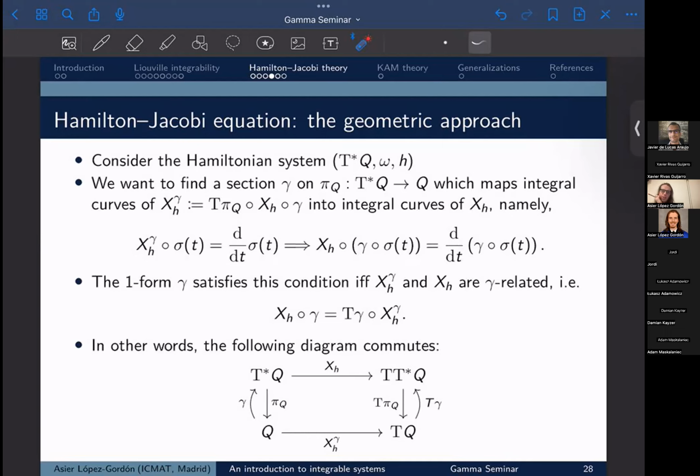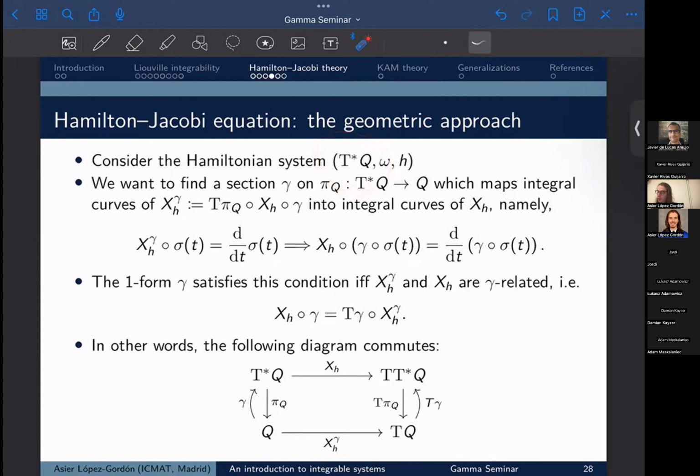I will skip the camp theory and mention the generalization, which is really brief. Okay, so basically the idea of the geometric approach to the Hamilton-Jacobi theory is considering, well, sorry, for this I will restrict for simplicity to the cotangent bundle.